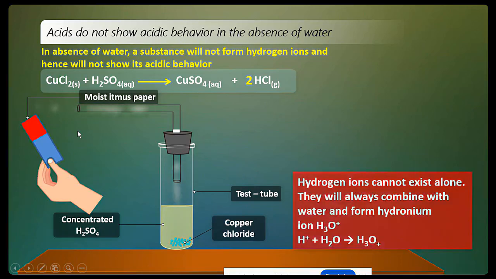Yes, there is a change in color of the paper. Why? Because some moisture is present on the surface of the litmus paper. So that's why it is showing acidic nature here. Is it clear? So hydrochloric acid gas is formed here, which is dry, and this dry gas reacted with your moist paper, and it showed its acidic nature here.